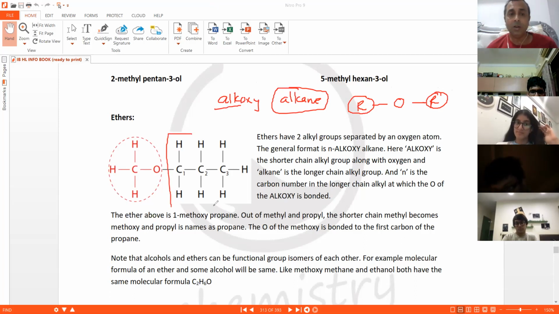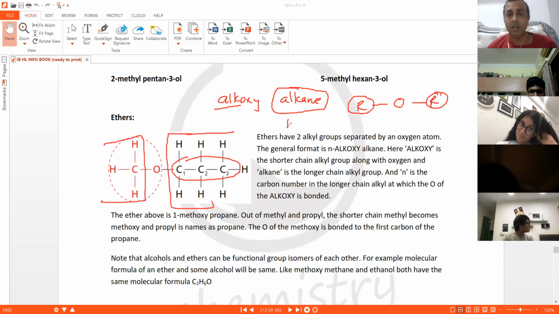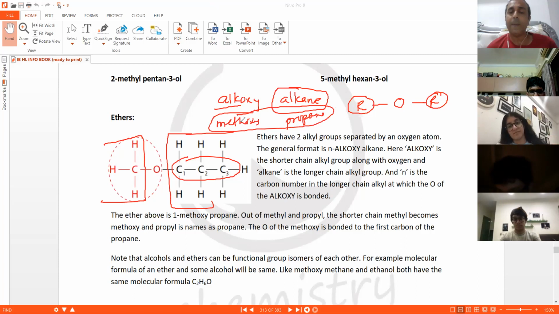Here, this is the longer chain with 3 carbons, and this is the shorter chain. So the longer chain becomes propane, and this one is methoxy. So methoxypropane.